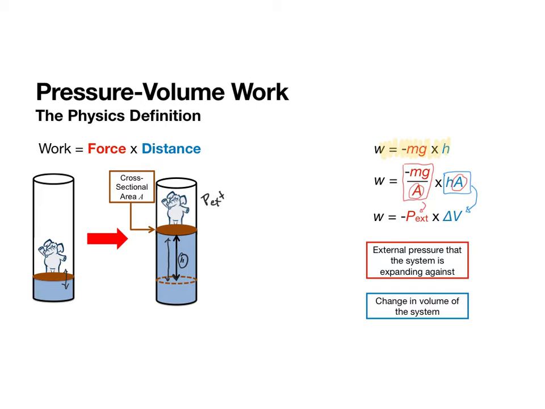But the P external is this pressure that is pushing down on the top of the piston, either from the elephant inside of a sealed container or from the atmosphere from a non-sealed container. Whereas this delta V, this is the change in volume of the system. And so we would be looking at V final and V initial.